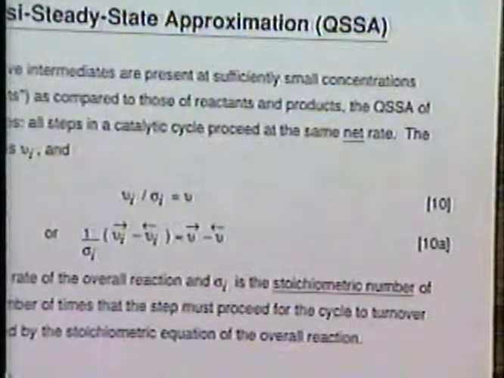Equal, and there is a little restriction, within a quantity first introduced now, which is called the stoichiometric number of the step we deal with.